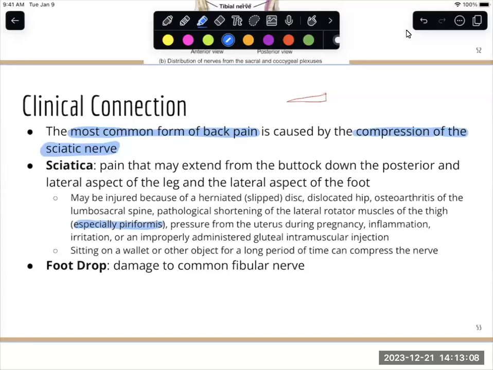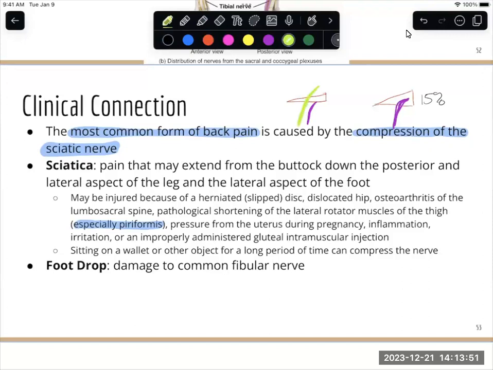In that piriformis, 15% of the population, that nerve is going to come out. Let me draw better. I'm going to draw it bigger so we can see. 15% of the population, this nerve comes out right through the middle of this muscle. That's in about 15% of the population. The rest of the population, this nerve is going to come out underneath the piriformis, or it can come out above the piriformis.